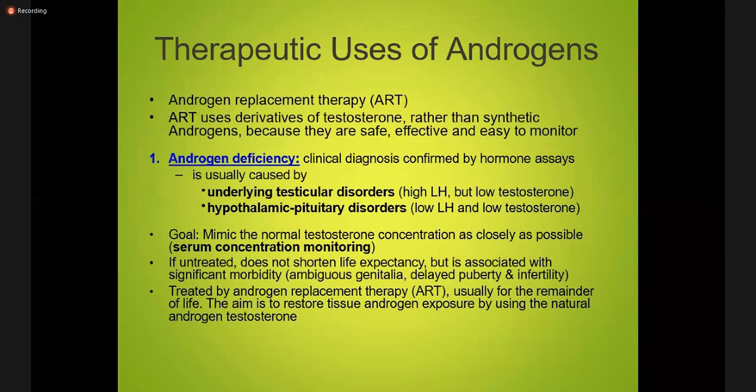Usually we use the derivatives of testosterone rather than synthetic ones, and the goal of this therapy is to normalize the testosterone concentration in the body. So we keep monitoring the serum concentration of this hormone.